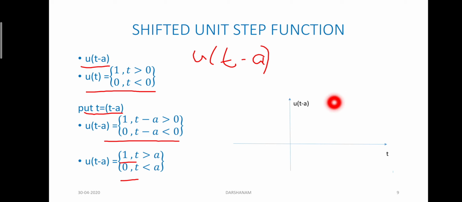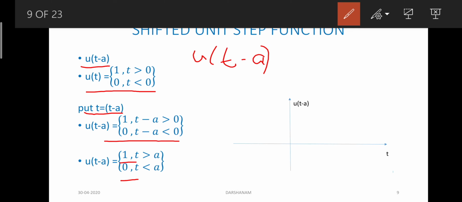So if a is here, we are noting a. For t greater than a the value is 1 and for t less than a the value is 0. So the graph of the shifted unit step function will look like this.